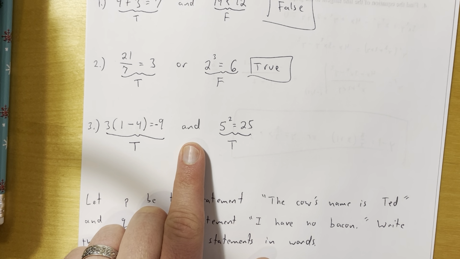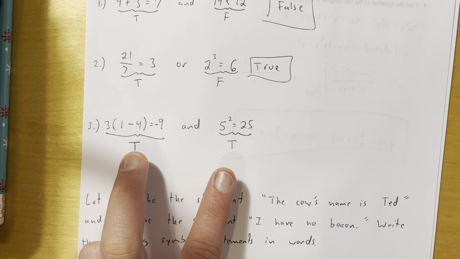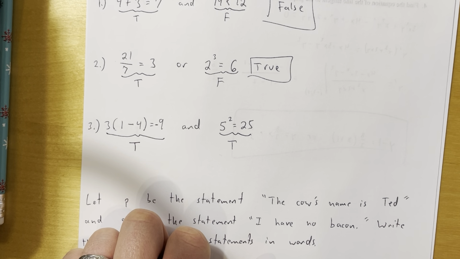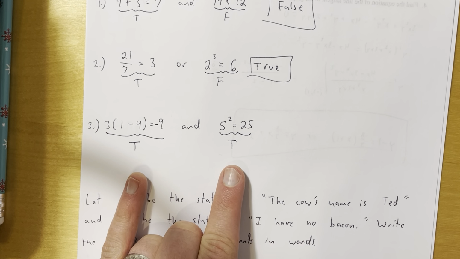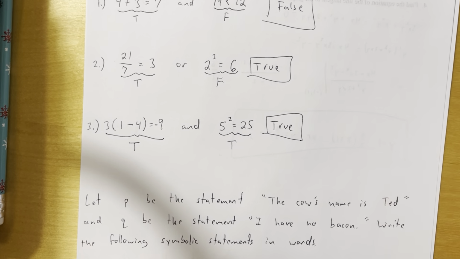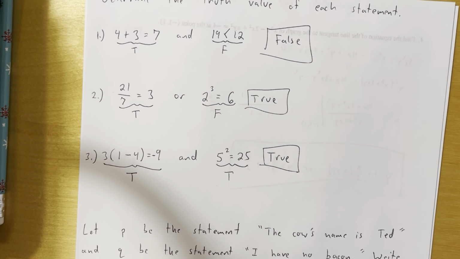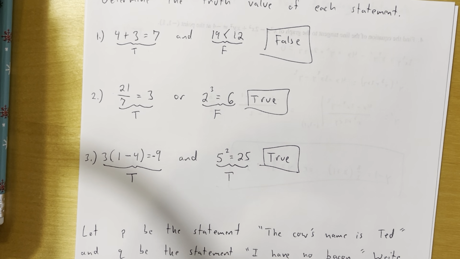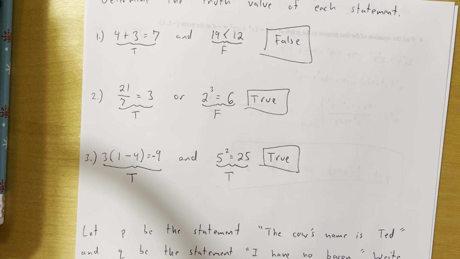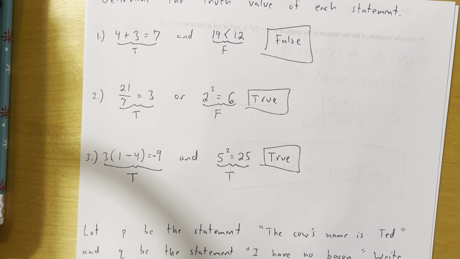Because we're dealing with a conjunction, and the word and is showing up here, both statements need to be true in order for the entire compound statement to be true, which is what's happening in this case. So we would say that this one is true. These are very straightforward, and it really just boils down to knowing the conditions for these different logical connectives to be true or false.